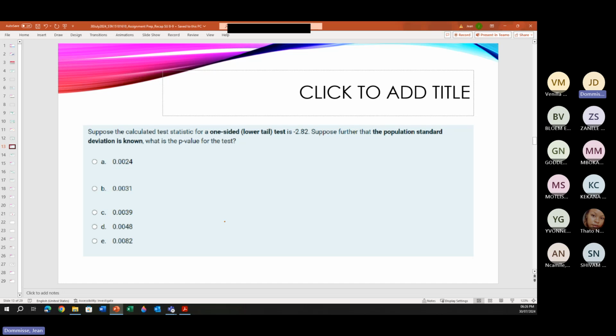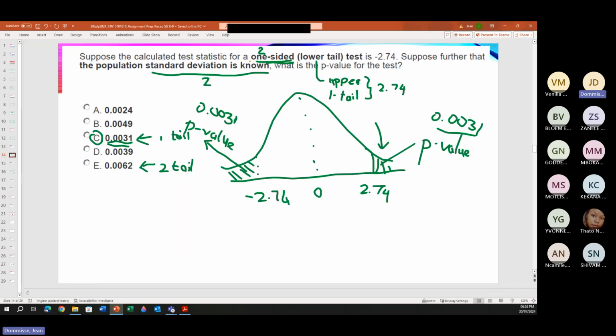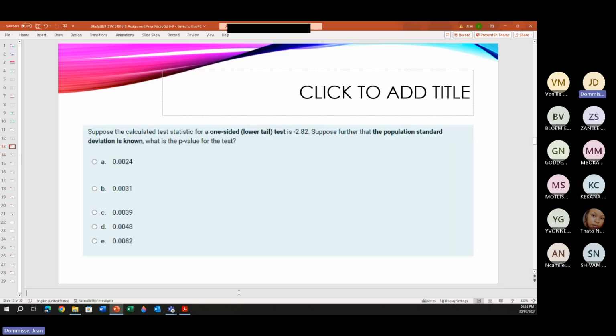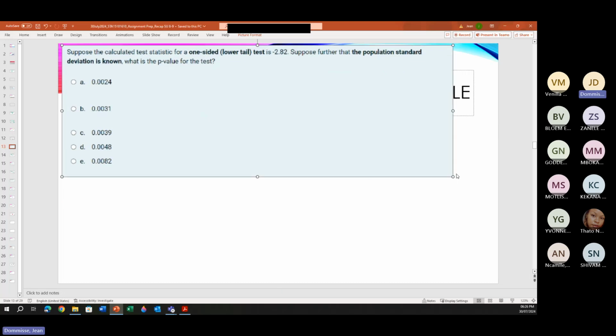So this was just, let me take this one out. Okay, so then there was a question again. Last time we looked at one-sided minus 2,74. So this time around, very similar question.